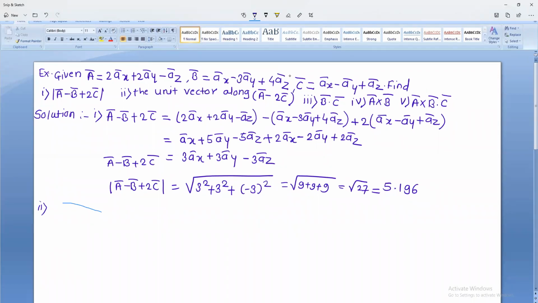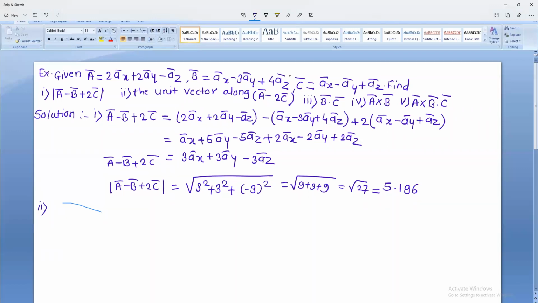Second is unit vector along a bar minus 2c bar. So how to find unit vector along this vector a bar minus 2c bar? What is meant by unit vector? Unit vector is a vector whose magnitude is 1, right?